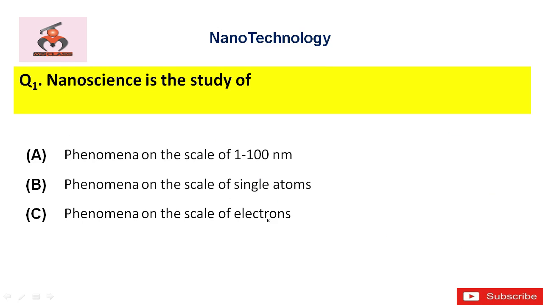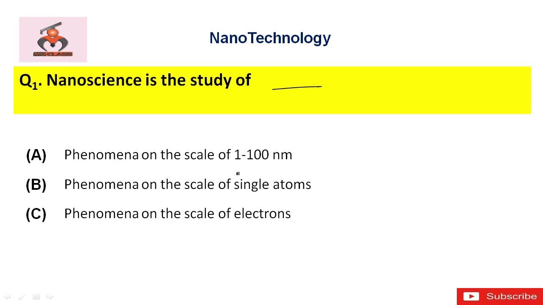Nanoscience is the study of, dash, so you have to fill in the blanks. It is the phenomenon on the scale of 1 to 100 nanometer, phenomenon on the scale of a single atom, phenomenon on the scale of an electron. Generally we are interested in nanomaterials, to get better properties of the material for our requirements to solve society's problems.